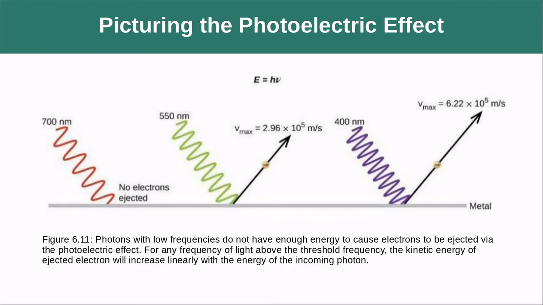So let's picture that for a second. At 700 nanometers, we don't get any electrons off. All of a sudden, we hit some critical value, somewhere around 550 nanometers, and we start to see these electrons getting shot off, and they have their own velocity.